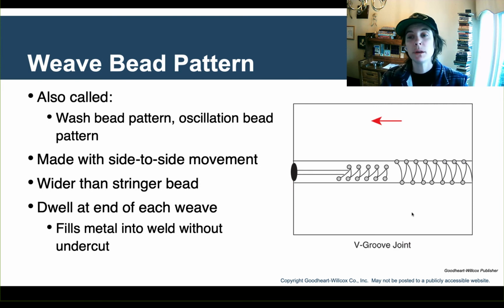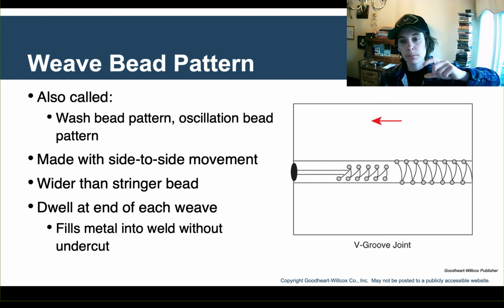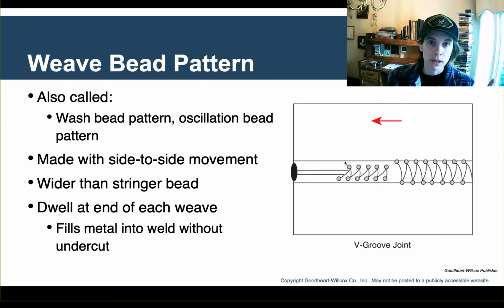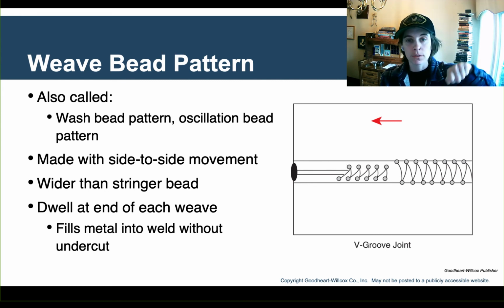And then the weave bead pattern is also called a wash bead or oscillation bead. So that's a lot more side-to-side movement, much wider than a stringer bead. And this illustration here, I think, is helpful because it has these circles at each point of the weld. That stands for a dwell, stopping a little bit, an extra half second at each end of the weld.